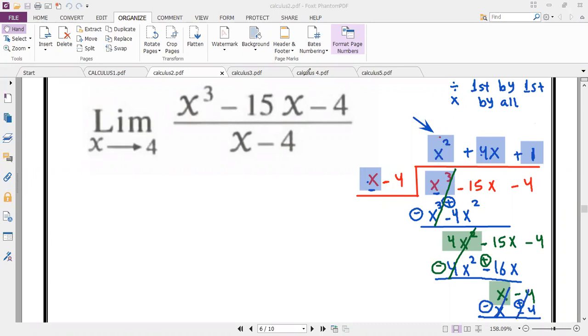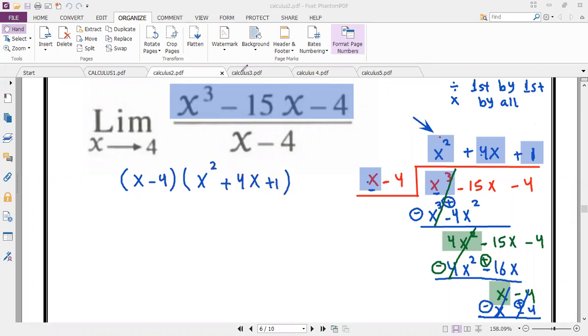So when dividing x cubed minus 15x minus 4 by x minus 4, the quotient is x squared plus 4x plus 1. So we can write this expression as x minus 4 multiplied by x squared plus 4x plus 1, all divided by x minus 4.